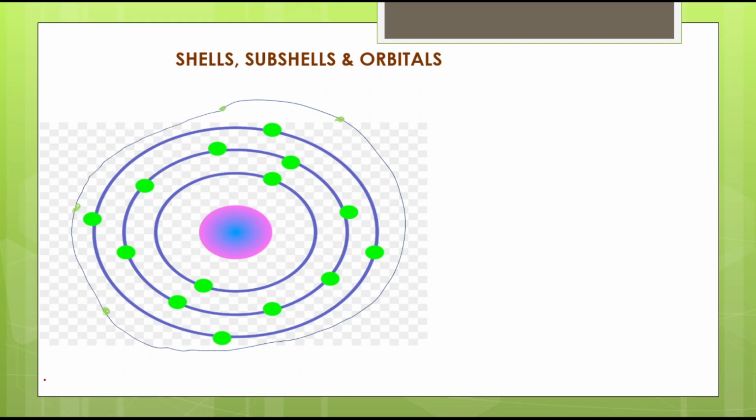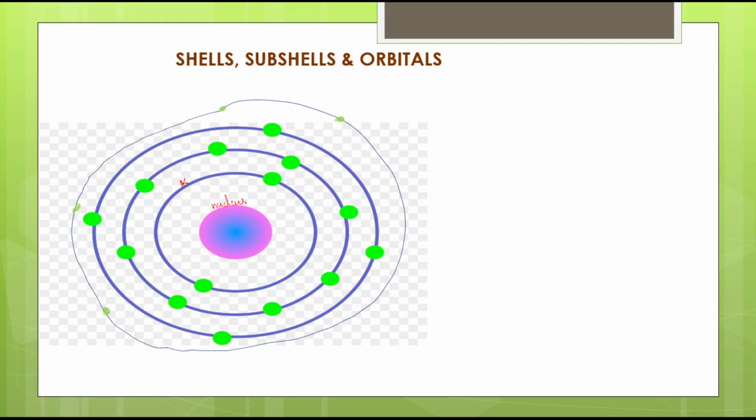So the shell which is very next to the nucleus is called the K shell.